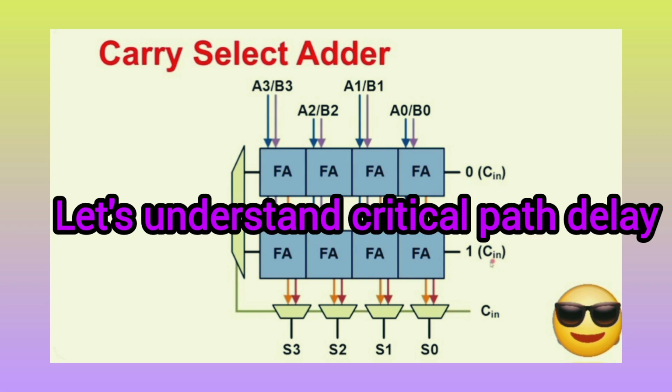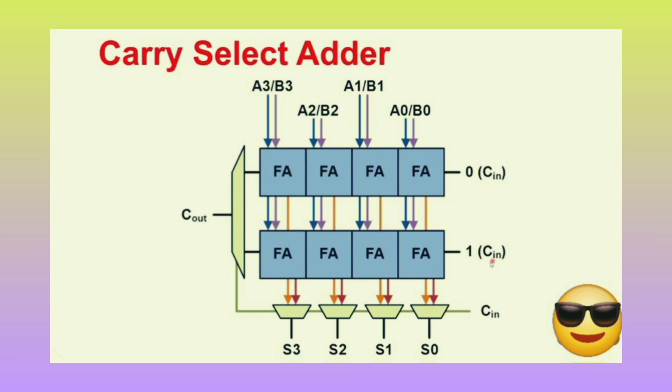The critical path delay of this carry select adder has two components. The first component is the time required for the two rows of full adders to complete their parallel computations.